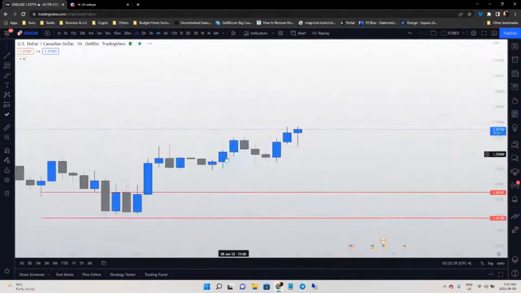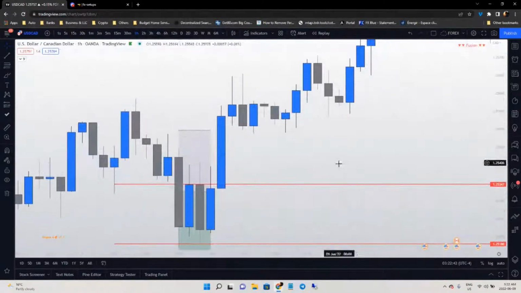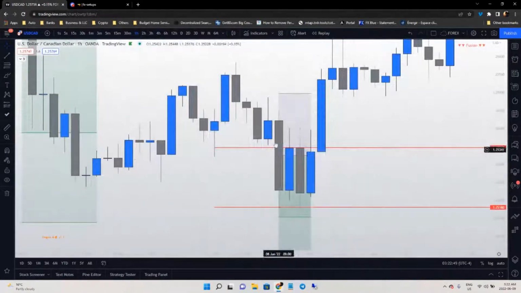If we look at H1, the trade was triggered at the end of the actual trend here. If you went market execution, it would basically stop you out, because I think this trade here we took on our automation, and it stopped us out based on the risk to reward here.